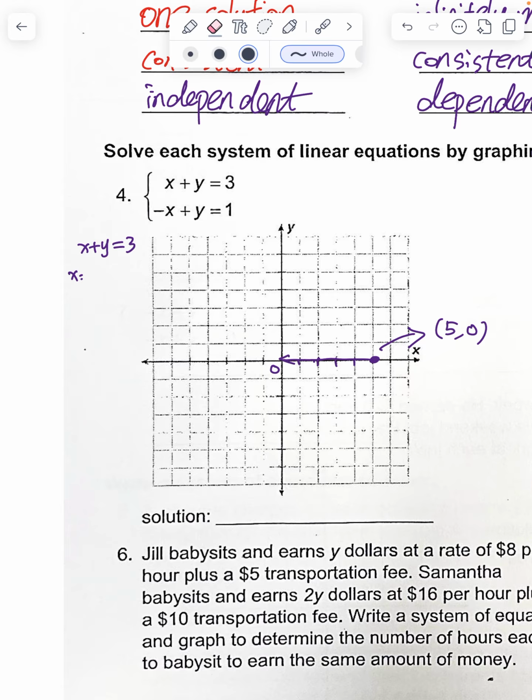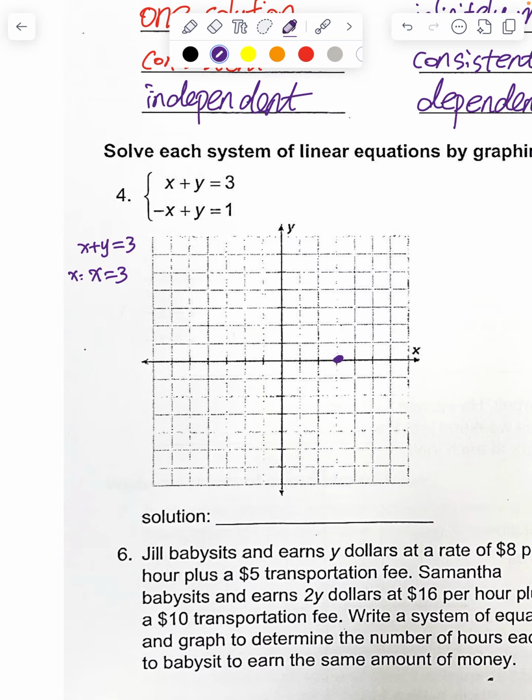That means when y is 0, we get rid of that term, right? So x equal to 3. This system is really simple. We don't even need to solve it, especially for the first one. So x equal to 3. That point is 1, 2, 3 right here. So I'm going to put this point right here.